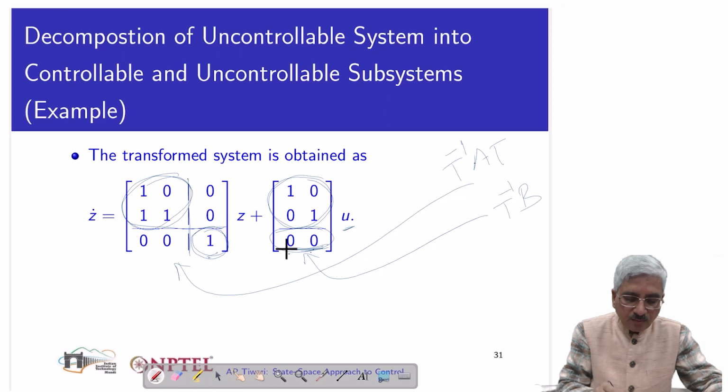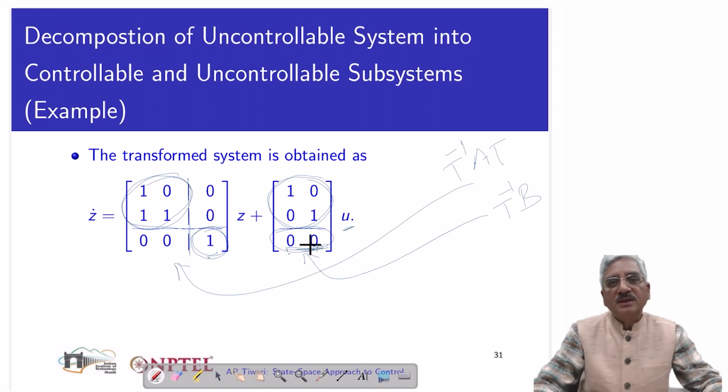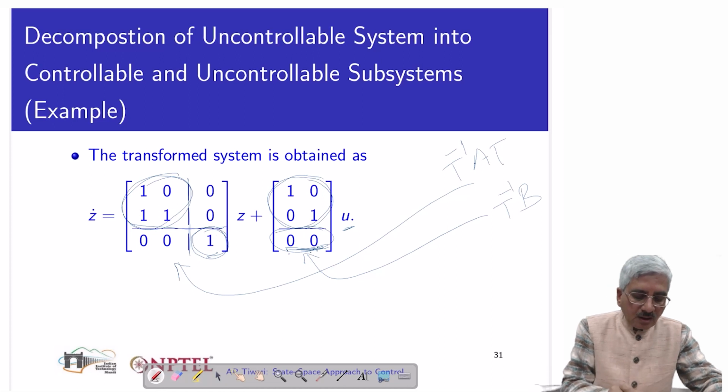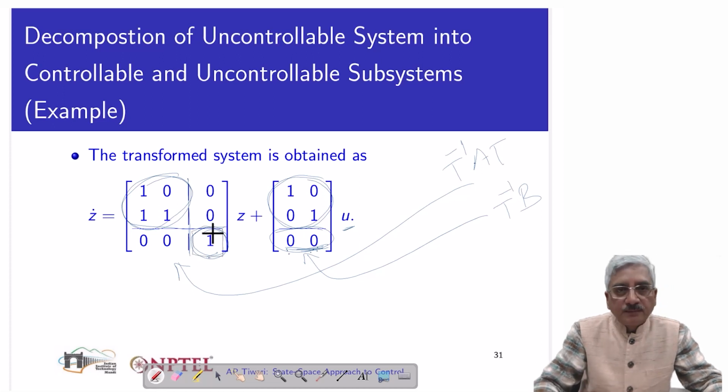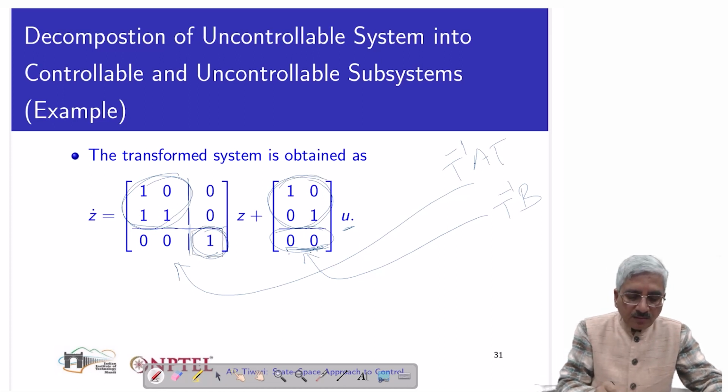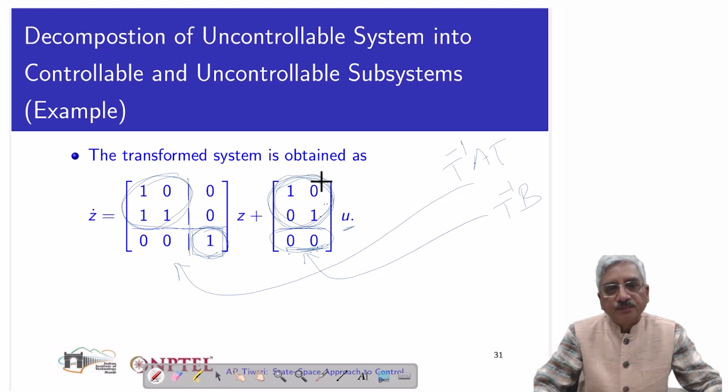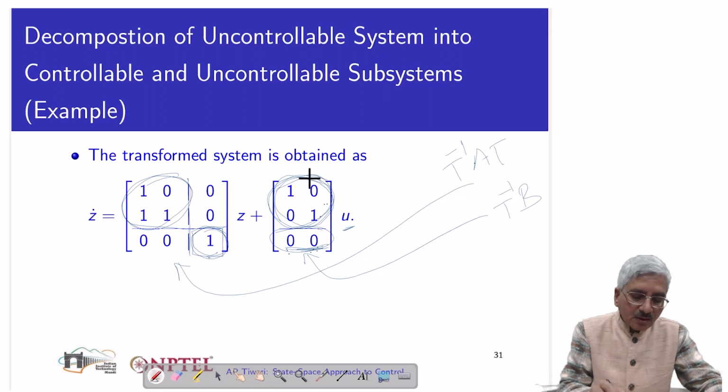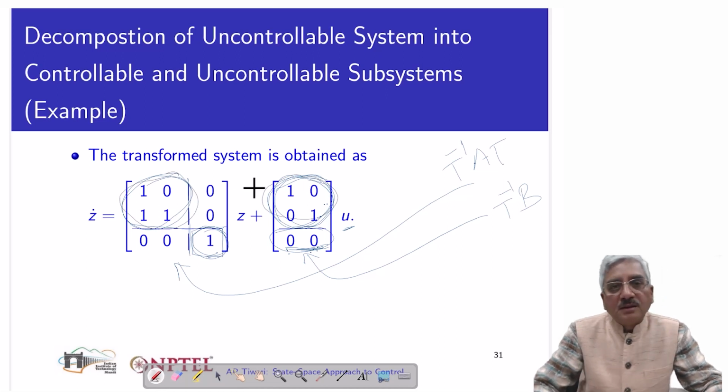The coefficients are both 0; neither the first input nor the second input reaches this part of the dynamics. And because this B is identity, even if we make AB, it already gives a rank of 2. So the system is controllable. The upper part of the system is controllable through the B.